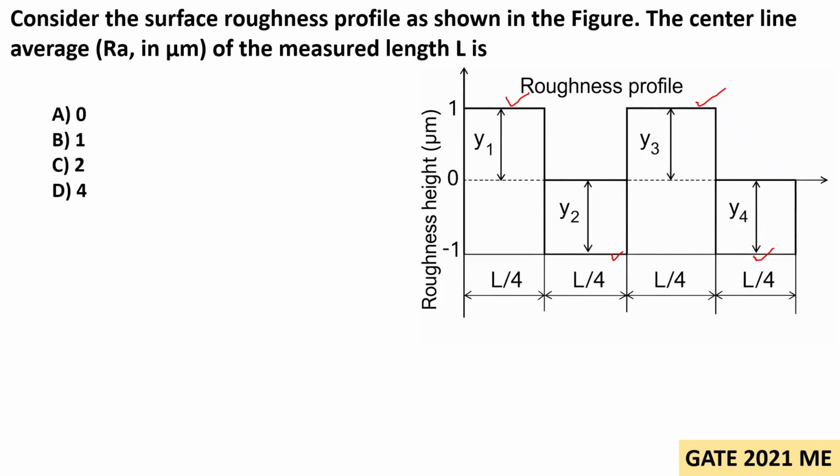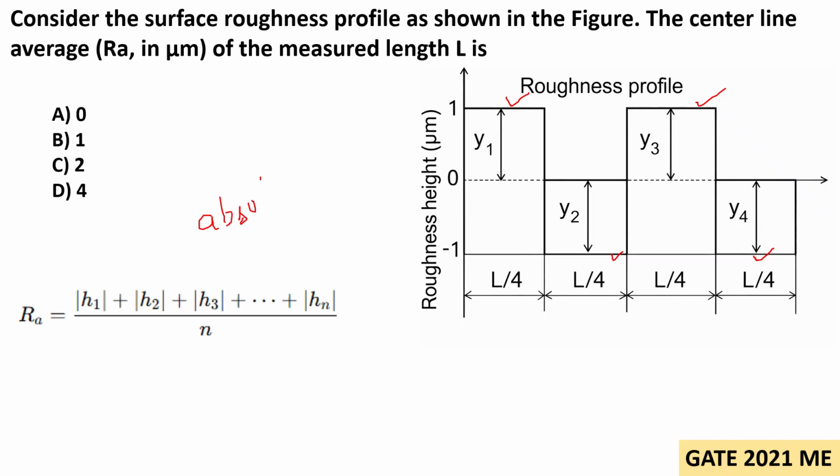Option A 0, option B 1, option C 2, option D 4. So now we have to determine the Ra value. We know that Ra equals H1 plus H2 plus H3 up to Hn divided by small n. Here you have to consider only absolute values. We should not consider any sign for the height.